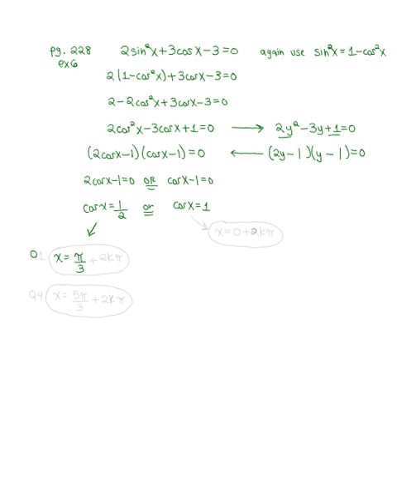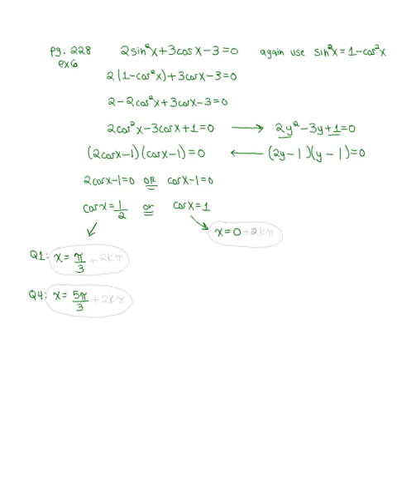And then in quadrant 4, if you remember your unit circle, we would get 5 pi over 3. Okay, and then for the second factor, where the cosine of x is equal to 1, we can solve that easily. x has to be 0 right there.